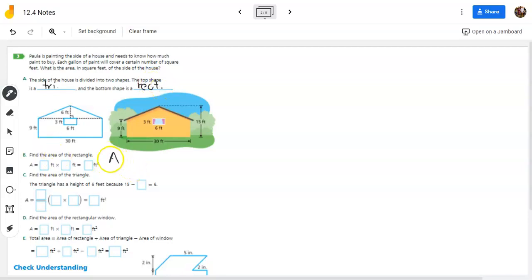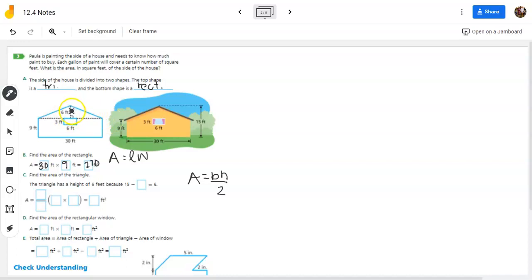Remember, to find the area of a rectangle, A equals length times width. So I have 30 and 9, so 30 times 9 is 270. I'm going to bring this over to the side because I want to use A equals base times height divided by 2.